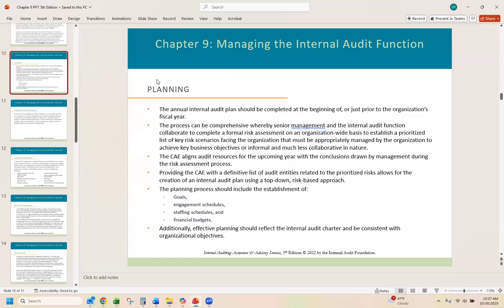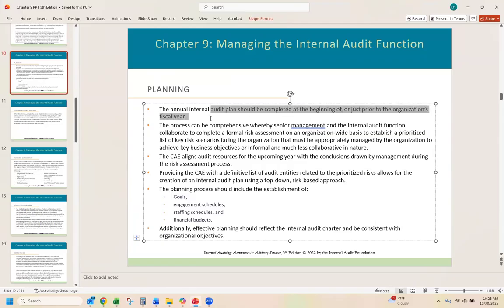All right. So now this gets back into some of the stuff we've talked about, but let's run through it quickly. Planning. It says the internal audit plan should be completed at the beginning of or just prior to the organization's fiscal year. I thought it said fiscal year end when I was reading through there, and I was like, that's way too late.